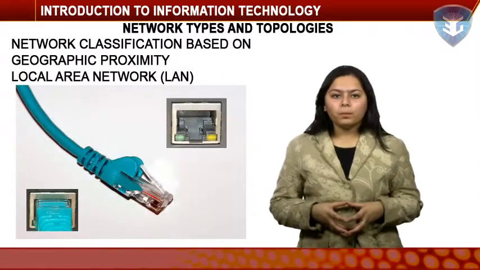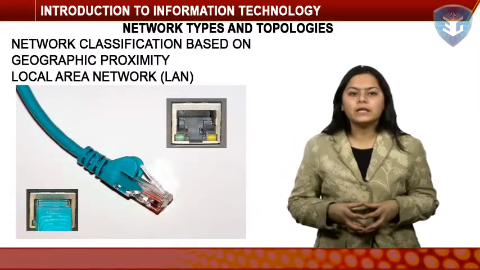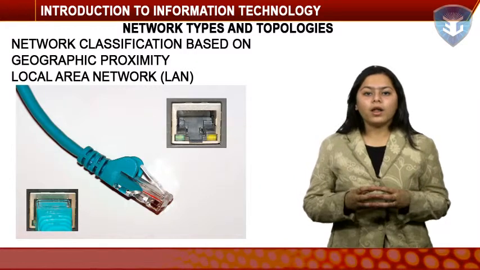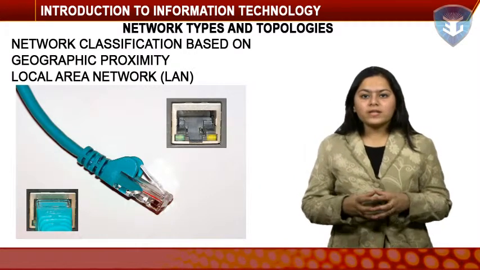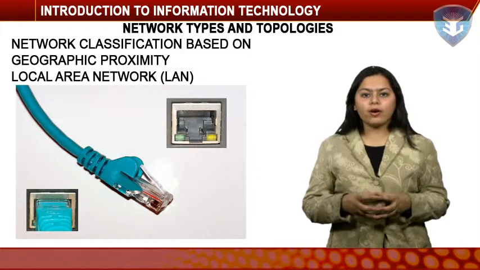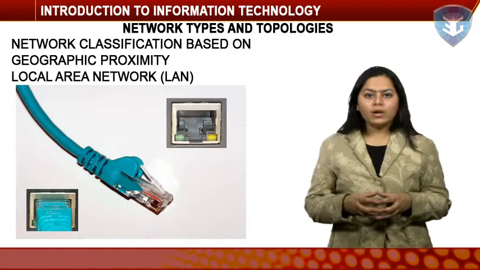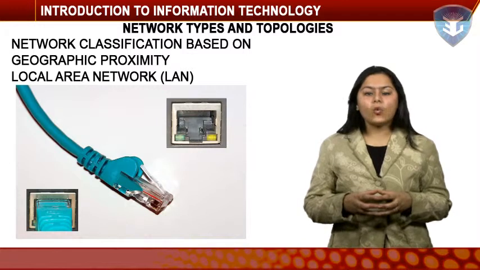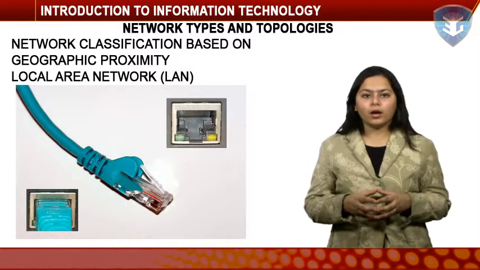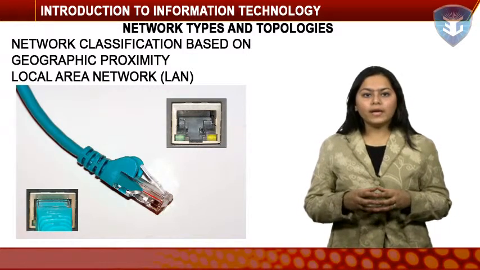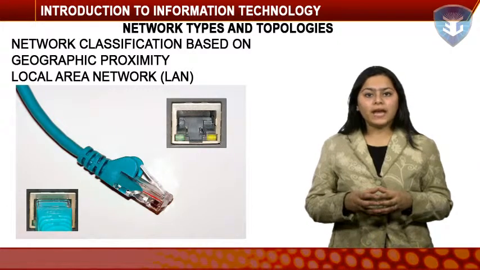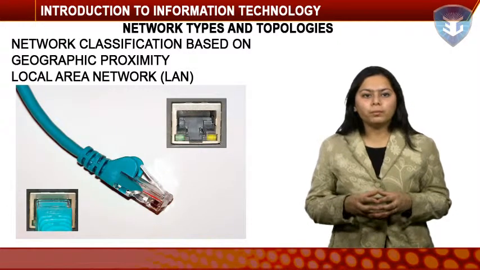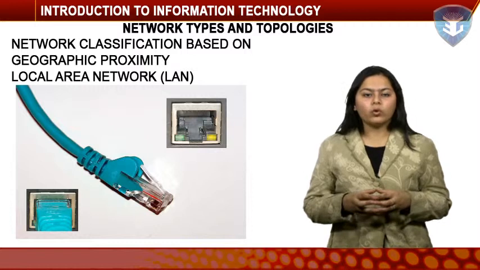Network classification based on geographic proximity, local area network, LAN. The first kind of network based on geography is the local area network or LAN. A local area network resides within a small geographic area. An example of a local area network would be a network inside a particular company or the network at our home.